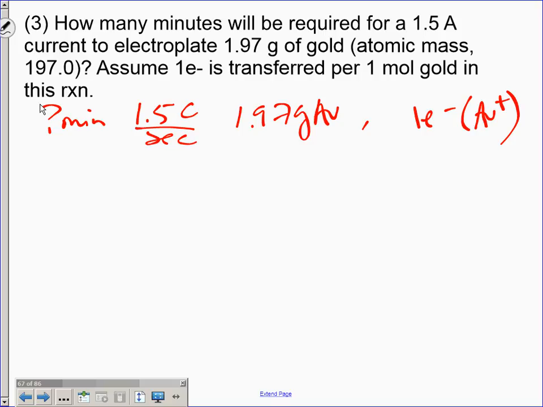Then times 1 electron transfer, times 96485 coulombs per mole of electrons, times 1 second over 1.5 coulombs, times 1 minute over 60 seconds.